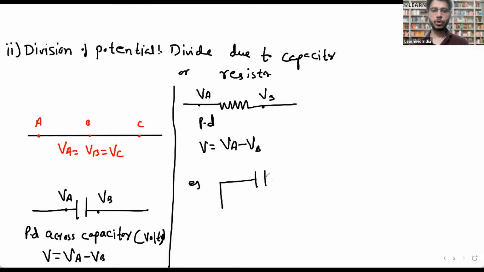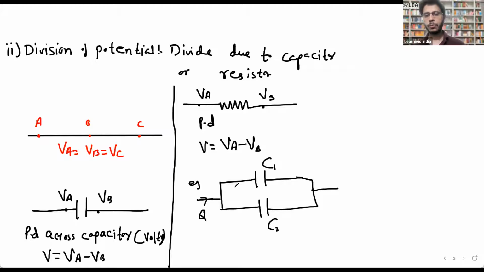I have two capacitors. I just have to decide whether these two capacitors have the same charge or the same potential difference. If charge is coming through this wire, will both capacitors have the same charge? Fatima, will both the capacitors have the same charge?